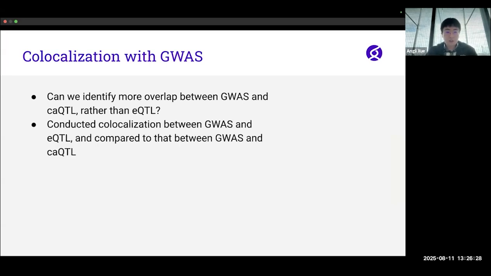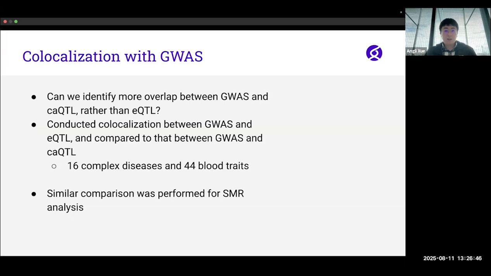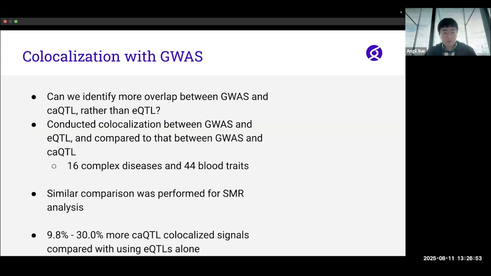So we conducted colocalization between the GWAS and eQTL, and at the same time between the GWAS and the caQTL, and compared the proportion of the GWAS hits that colocalized with eQTL and caQTL separately. We analyzed 16 different complex diseases and also 44 blood traits. And other than the colocalization, we also performed SMR, which is causal inference.